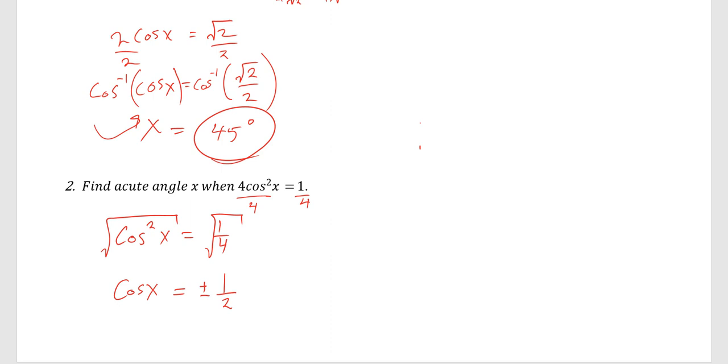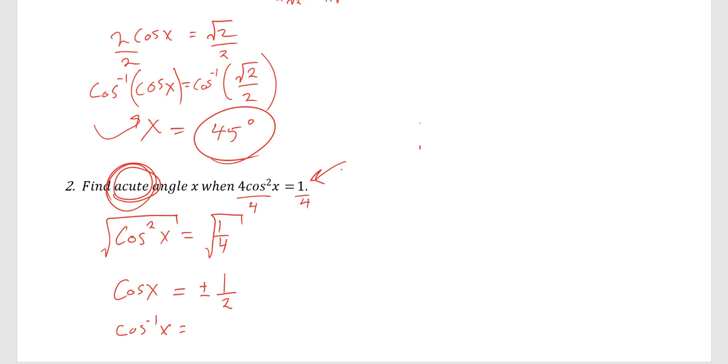Okay? And then if we do inverse cosine on the negative 1/2, we're not going to get an acute angle. We're going to get something else, which we'll discuss later. We're going to get an obtuse angle, a very big angle beyond 90 degrees. But that's not what we want. We're clearly being asked to find an acute angle x when this condition holds true.